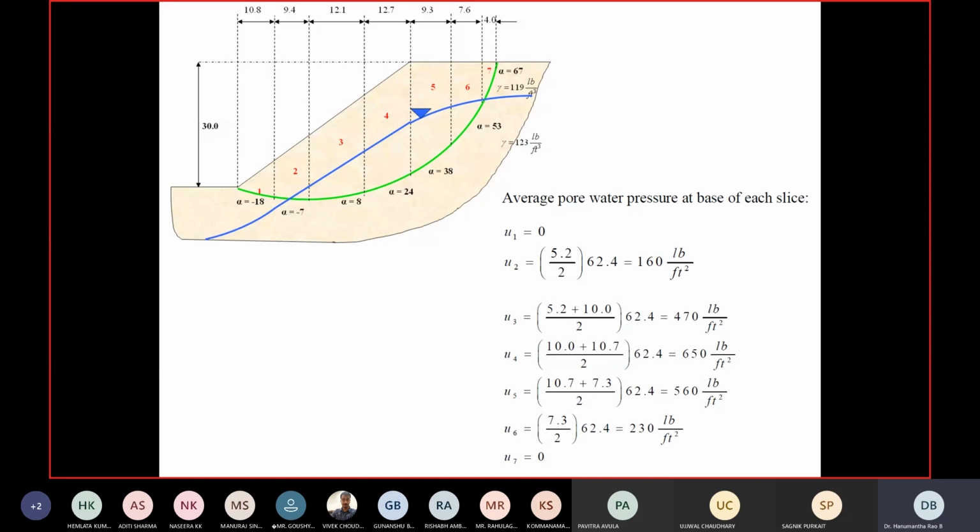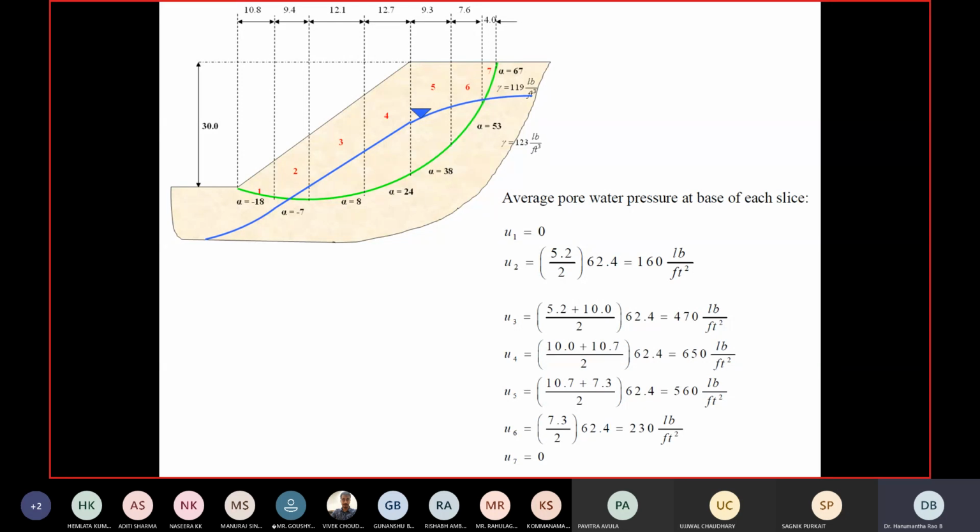If we consider those heights, we can come up with the average height at the middle of each slice. This is how we calculate the pore water pressure component at the middle of each slice.